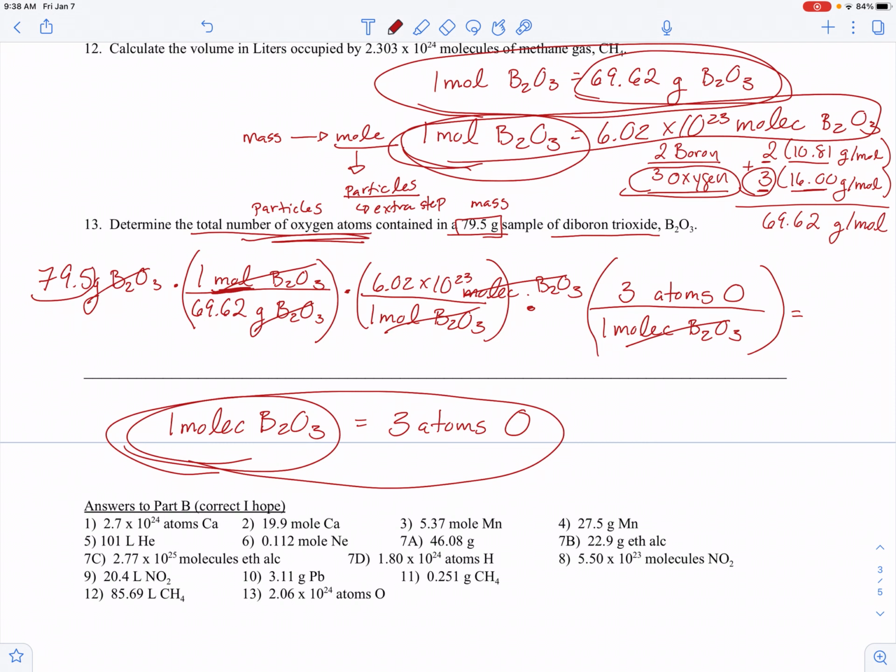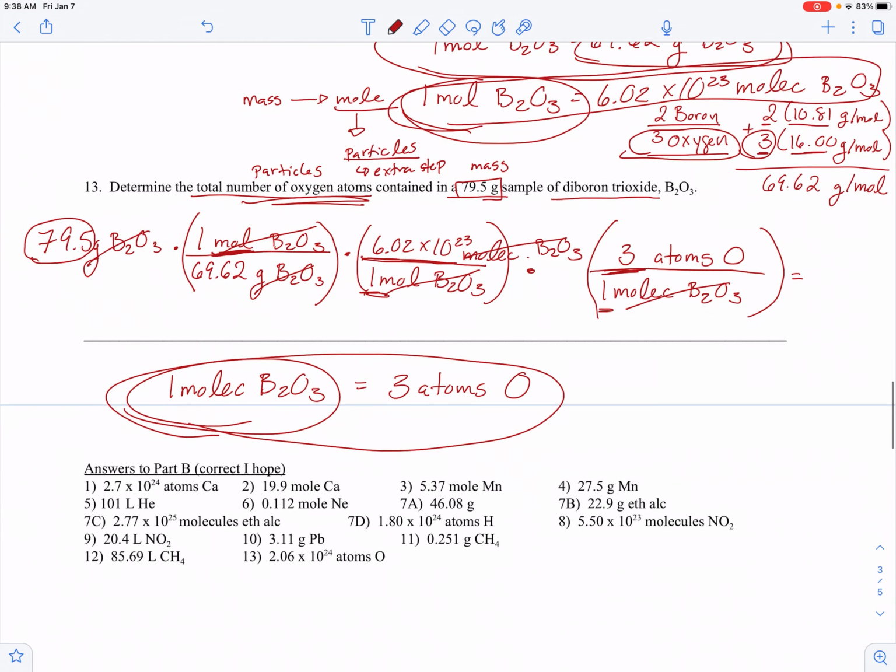So it'll be 79.5 divided by, well, technically times 1, divided by 69.62 times 6.02 times 10 to the 23, again technically divided by 1, times 3 divided by 1 again, and then your answer should come out to be 2.06 times 10 to the 24th atoms.